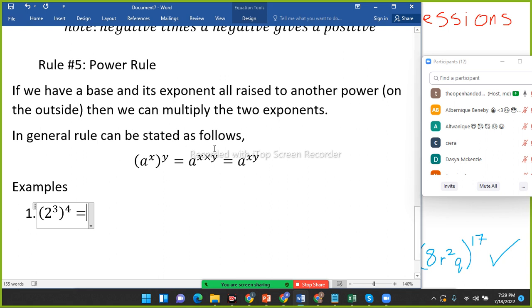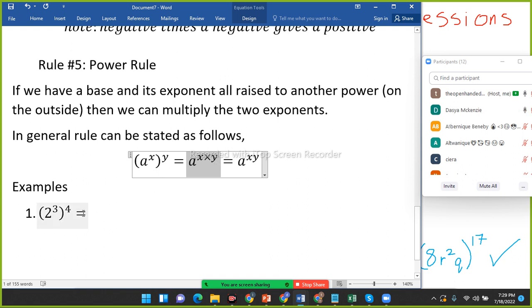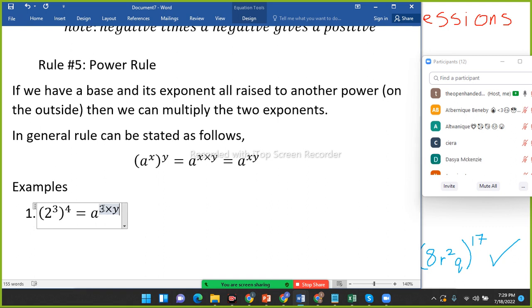Can someone tell me what my answer will be? You tell me if you think you know what the answer is going to be. 2 to the power of 12. Excellent. It's going to be 2 to the power of 3 times 4, which is equal to 2 to the power of 12.